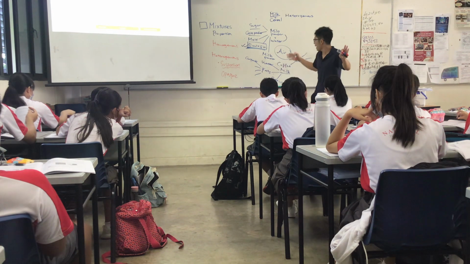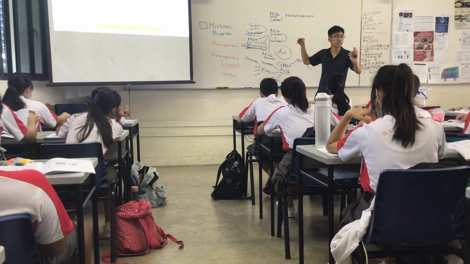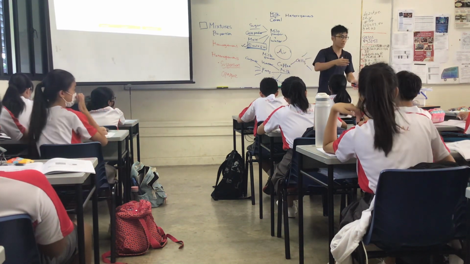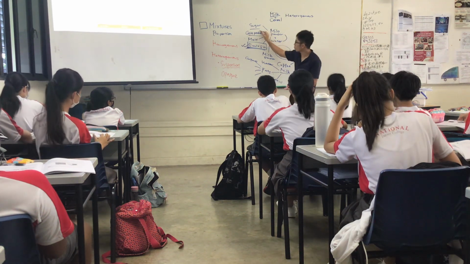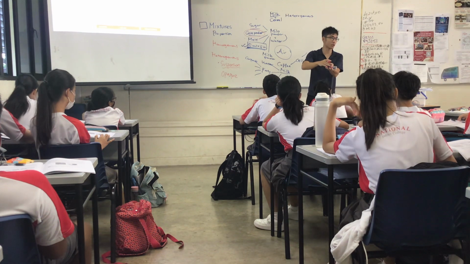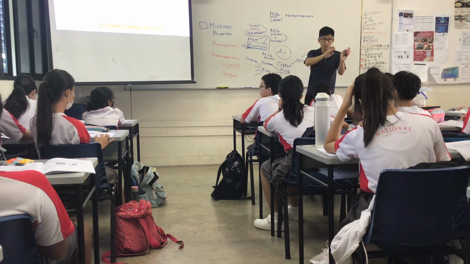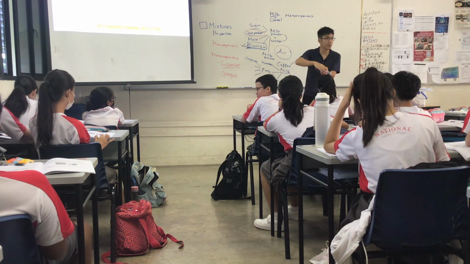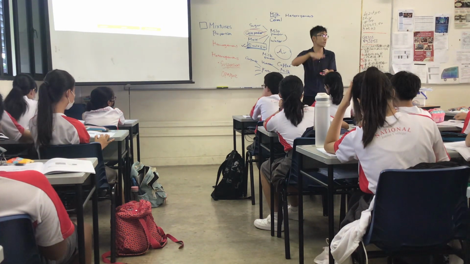So in a sense, Milo and water is kind of like a suspension. Some parts of it are suspended. For example, the cocoa powder is suspended throughout the water, that's why it looks completely brown in nature. But the sugar is properly mixed throughout. That is homogeneous in nature.